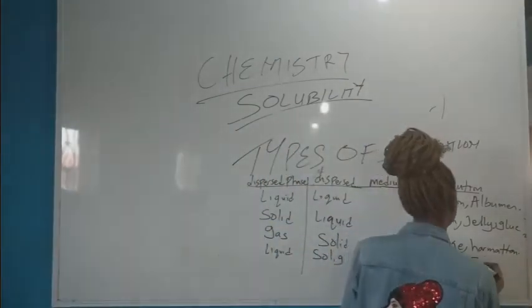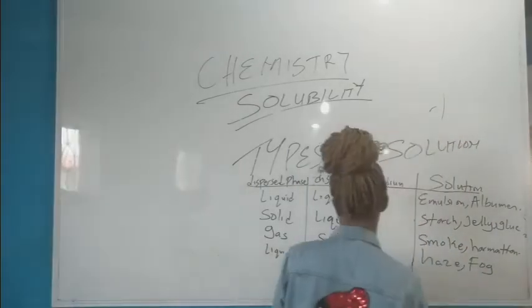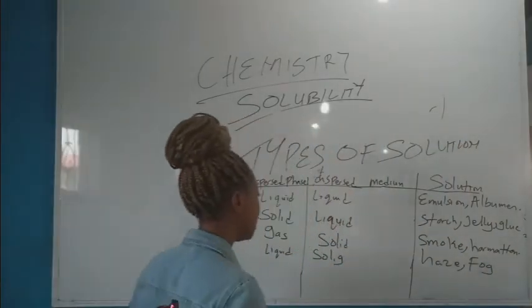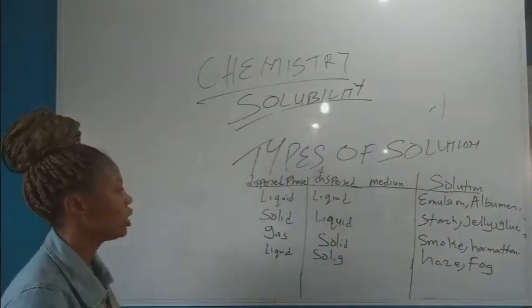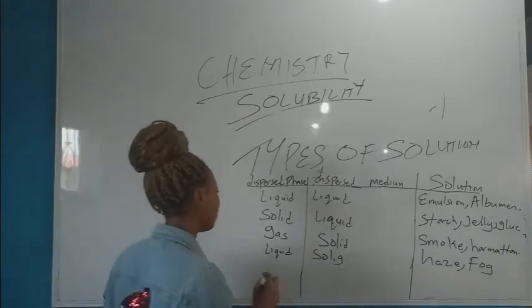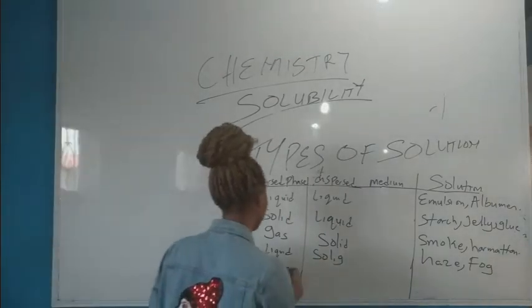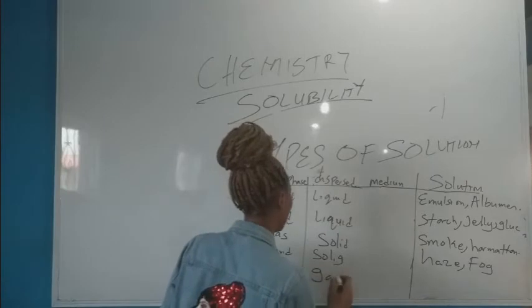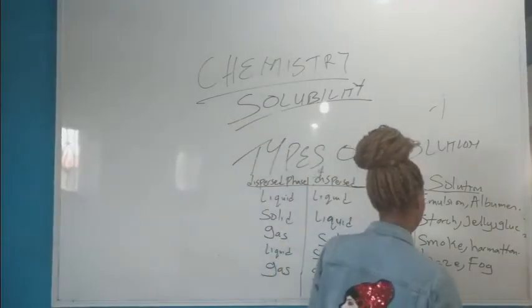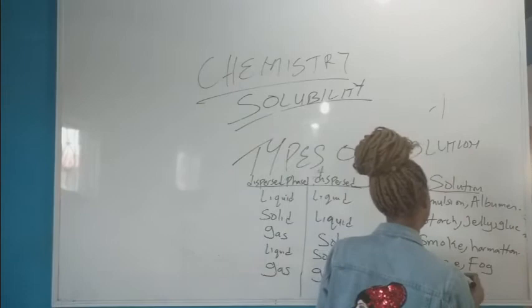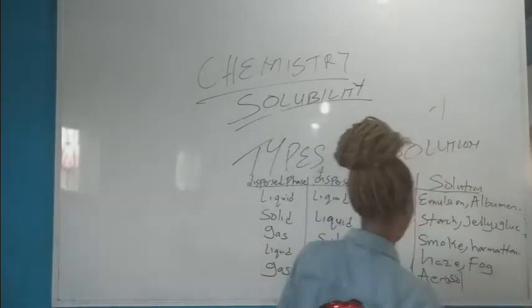When we have little droplets of water in the atmosphere, that's what we know as haze or fog. Another example is when we have gas into a gas, we have aerosol. Our famous example is aerosol, like our perfume and all.